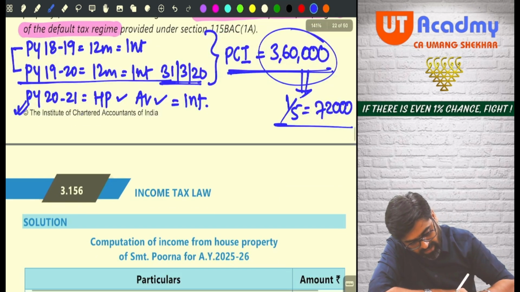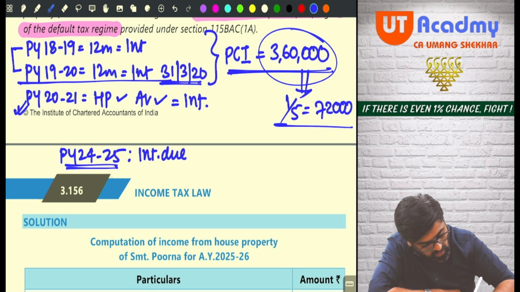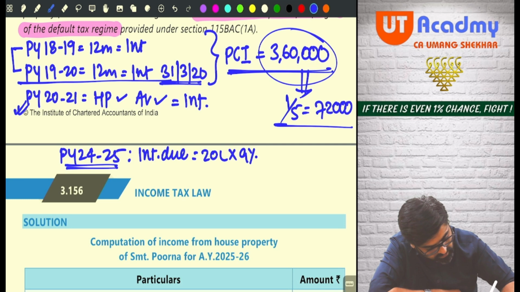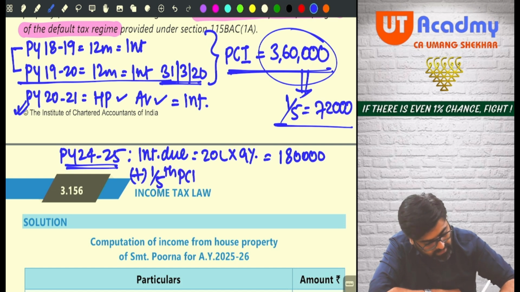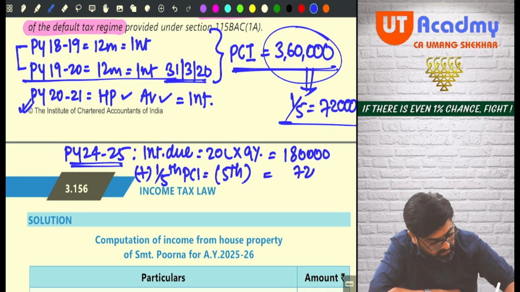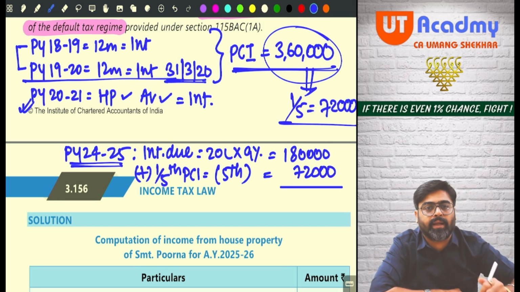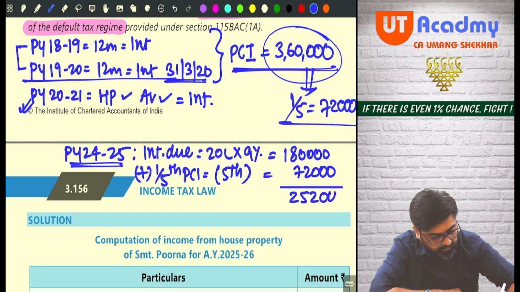So now in my previous year 24-25, the interest which is due on the loan outstanding in this year is how much? 20 lakhs into 9%, which is 1,80,000, plus the 1/5 of pre-construction interest, which was how much? 72,000, and this is the 5th and final installment coming in my previous year. So total interest for my previous year is not 180 now, it is 2,52,000.